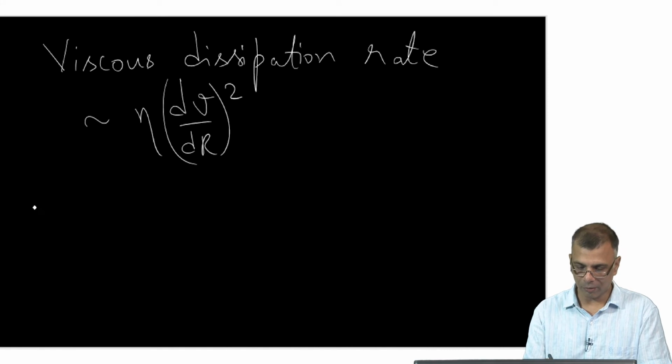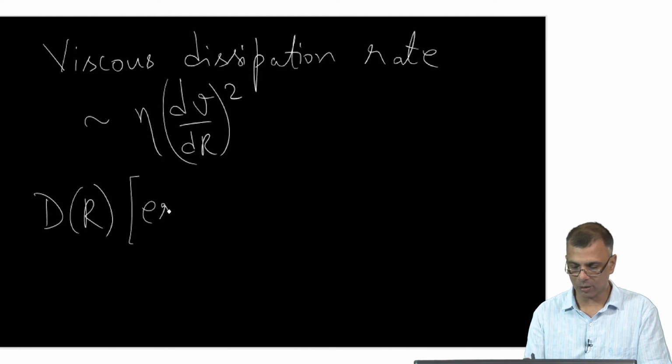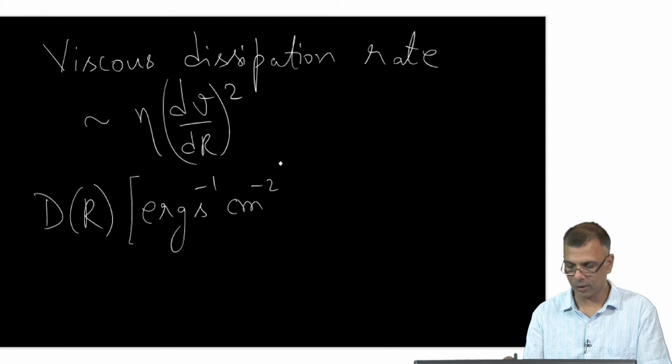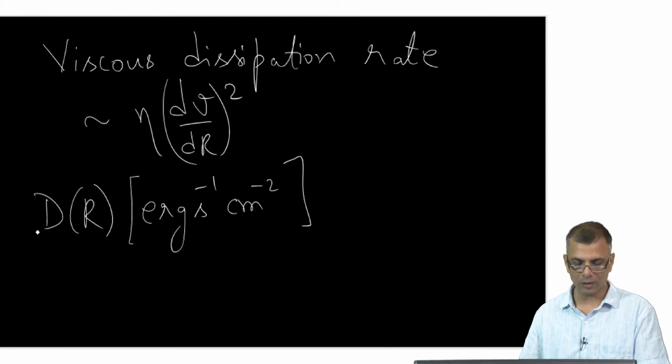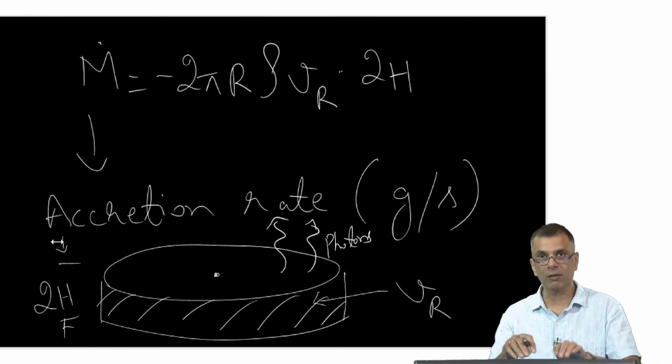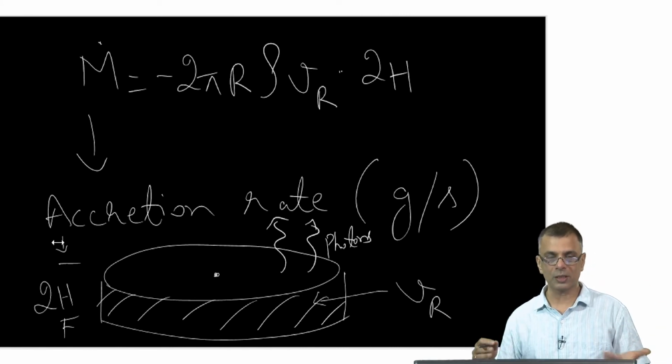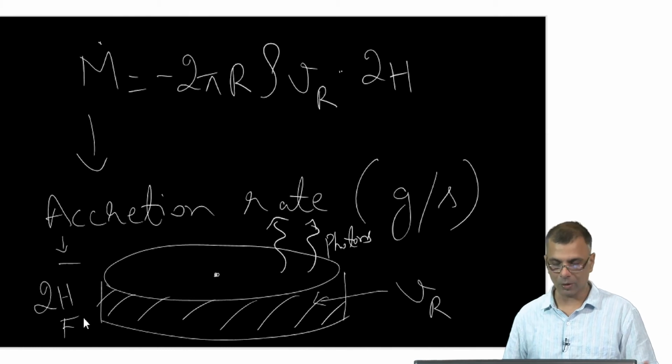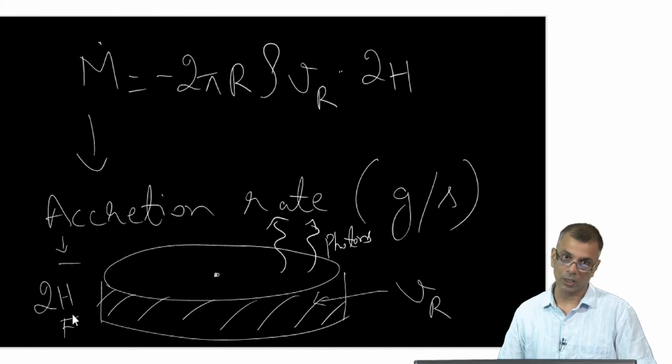In particular, if we write down an expression for D of r, which is given in ergs per second per centimeter squared, this would essentially represent the energy flux coming out from the face of the accretion disk, which is essentially what we would observe.